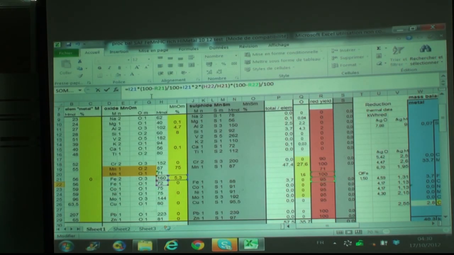They give how much? Because here you have one Fe and here you have two. So they give two times 72. Okay?